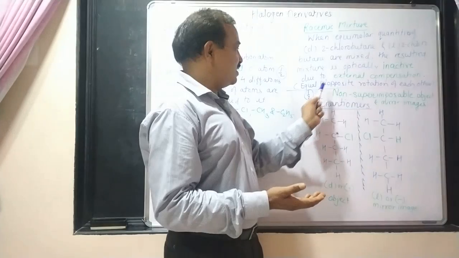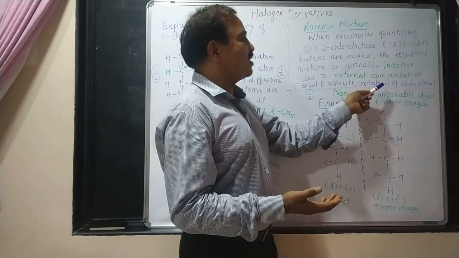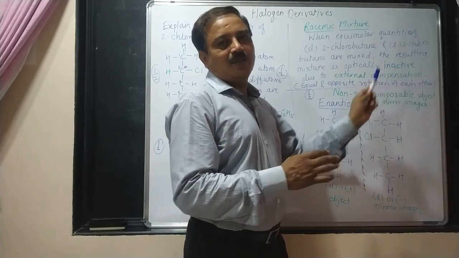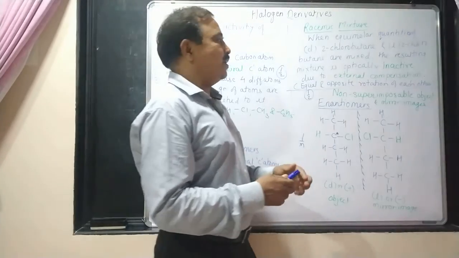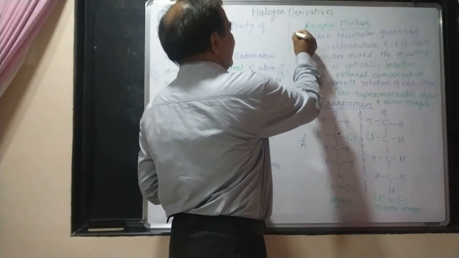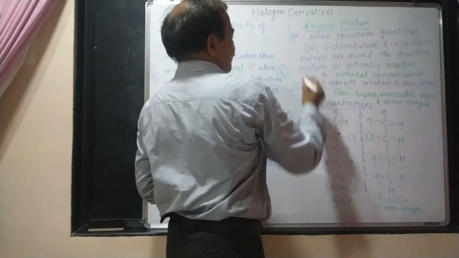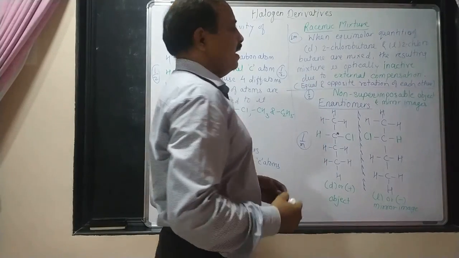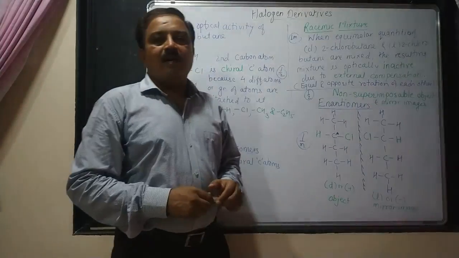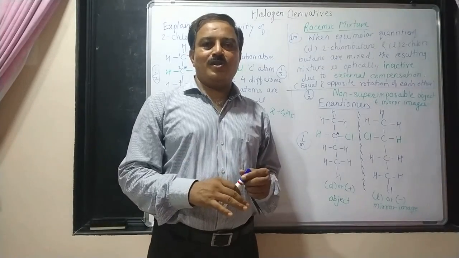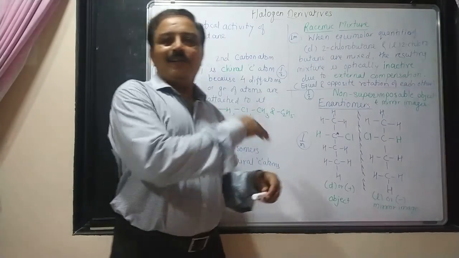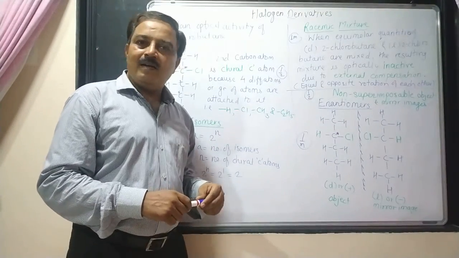We have just studied it: due to equal and opposite rotation of each other. This is called a racemic mixture. If you write a correct definition of racemic mixture, you will get another mark. In this way, you will get 4 marks. This is a question you have to explain, and all these points you have to cover in the board examination.